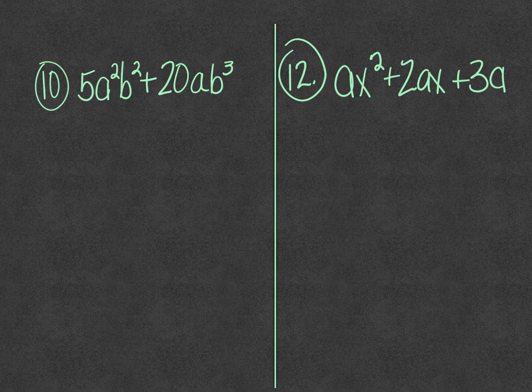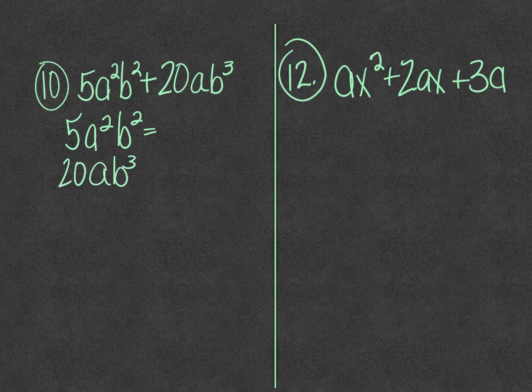All right, so number 10, we have 5a squared b squared and 20ab to the third.